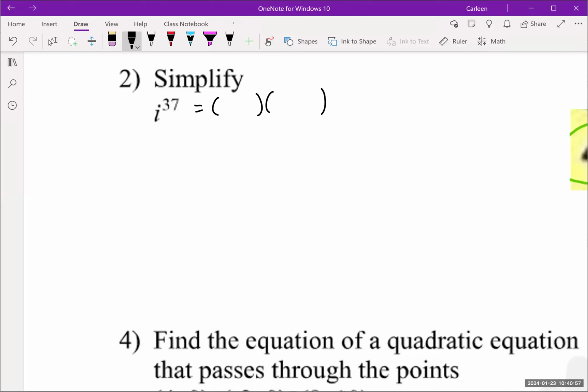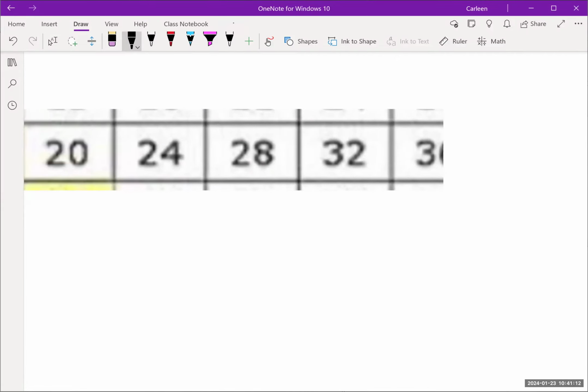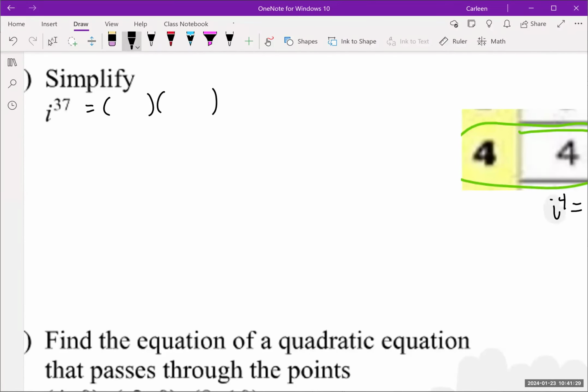All right, so what is the highest multiple of 4 that gets us close to 37? What comes after 32? 32 plus 4 is 36. Yeah, 36. So 9 times 4 is 36, so we're focusing on the 36, not the 9. Okay, so we have i to the 36. So what would the leftovers be?